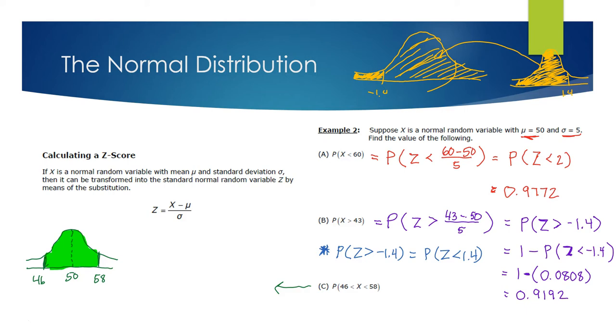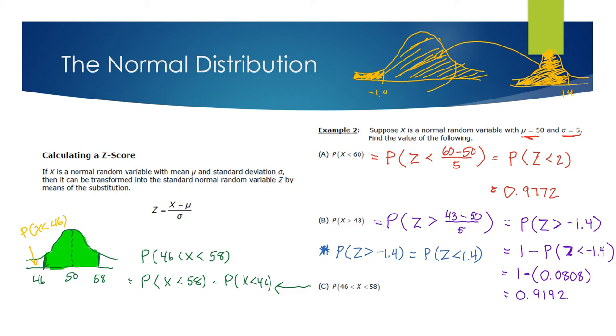I'm going to do the probability of x being less than 58 minus the probability of being less than 46. The less than 46 is this part right here. So if I lop that part off, that's going to give me the probability between these two values.